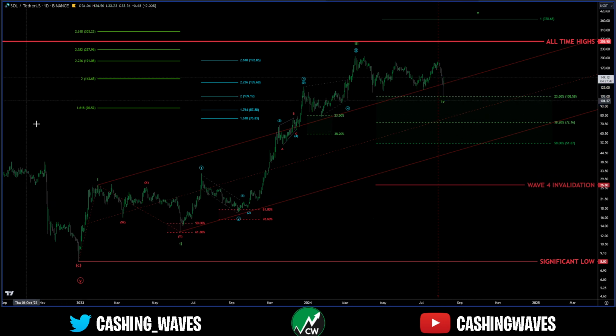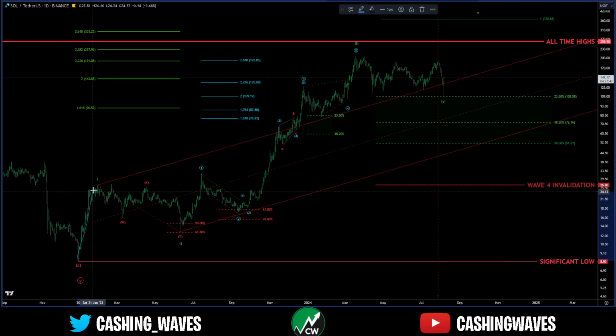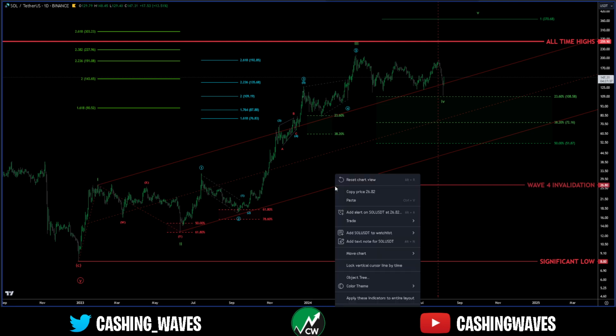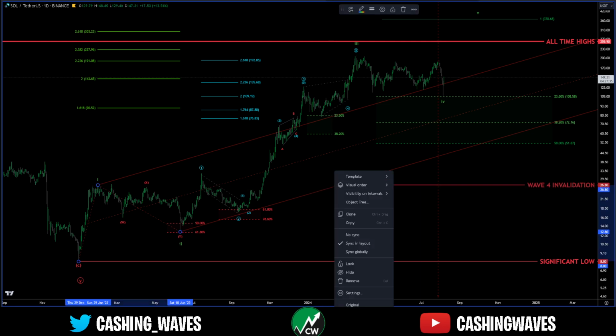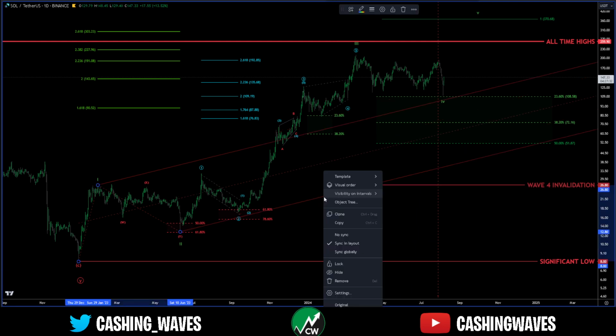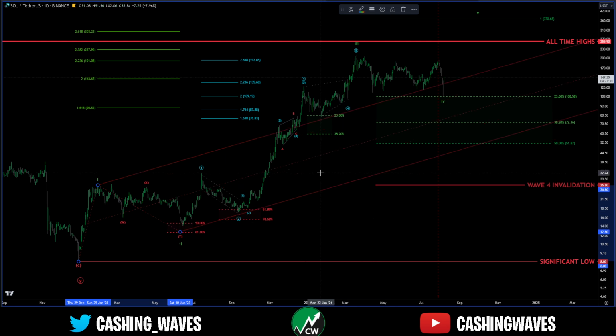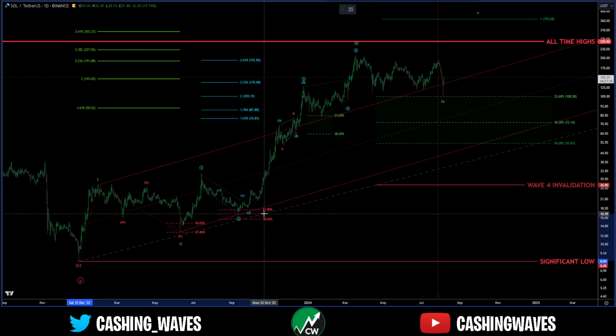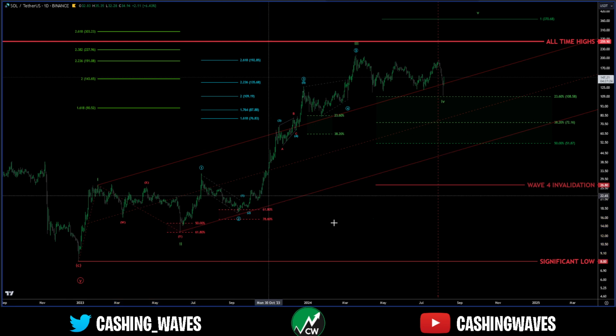Also, where we tend to look for a fourth wave is we take our pitchfork, start from the beginning of wave 1 off of wave 2, put that on a modified pitchfork. If you right click, you can see shift. You have many different options. Go to modified. That's what that is. And all modified is a channel. That's all it is.